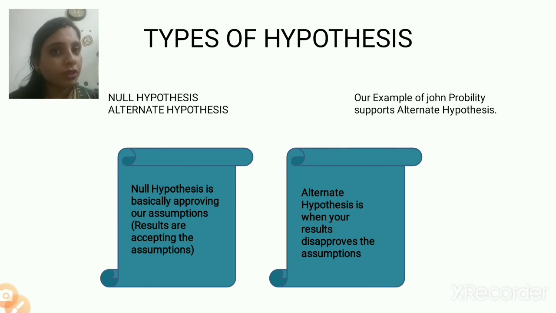In this example of John's probability, we are supporting the alternate hypothesis because the results we are getting are exactly opposite to the assumptions we made before starting the hypothesis.